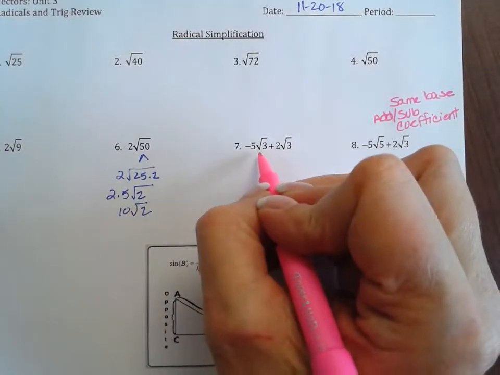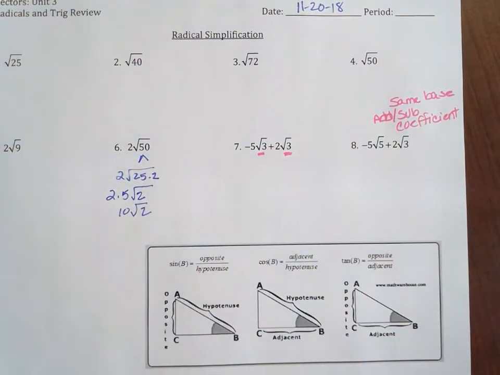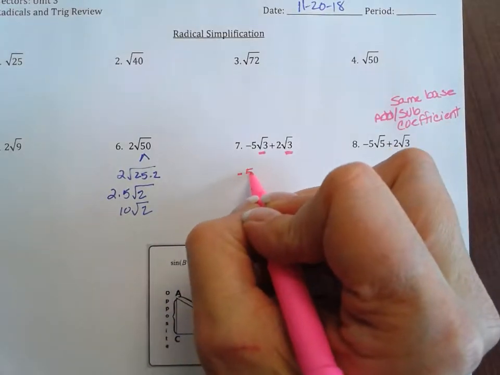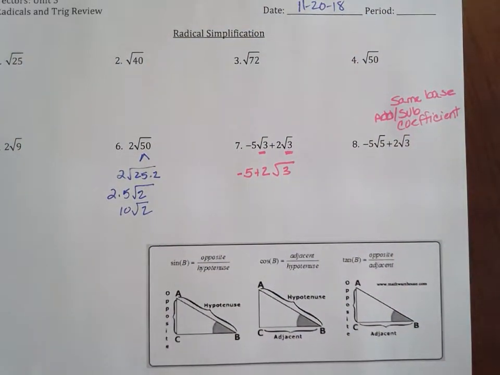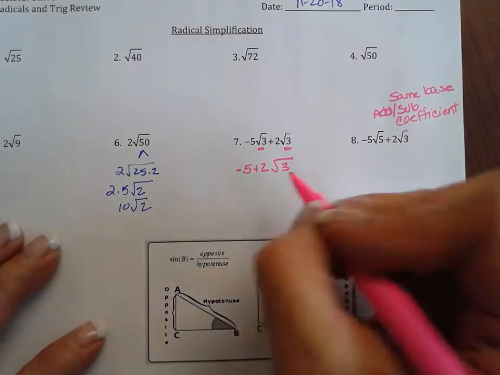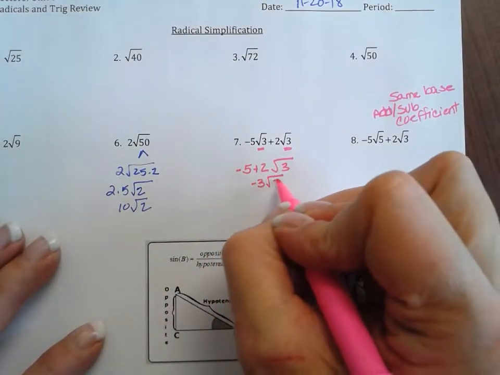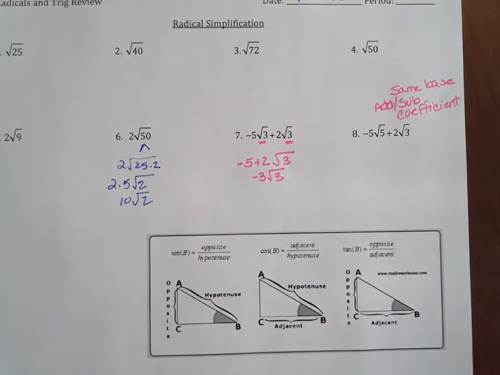So since square root of 3 is the same, I can say negative 5 plus 2 square root of 3. Is that ringing bells? So then it becomes negative 3 square root of 3. Yes? Good on those? Awesome.